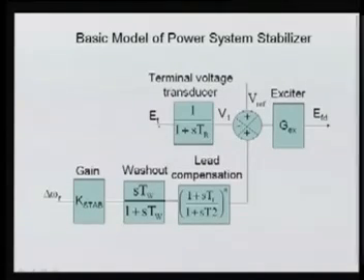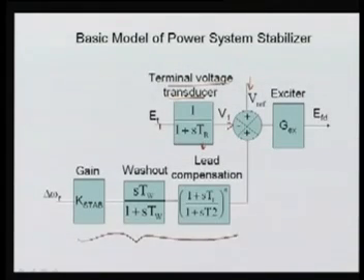Here this is your terminal voltage ET, or V as I was using, and we have terminal voltage transducers that are measuring the voltage, and we can write a first order transfer function 1 plus sTr, where Tr is the time constant, and that signal is coming here. Now this V reference is the voltage reference setting of the terminal voltage of the generator. Here this is your power system stabilizer signal that is coming here.